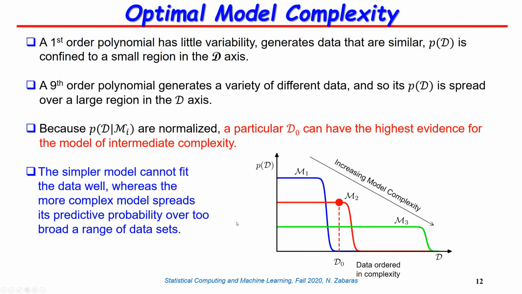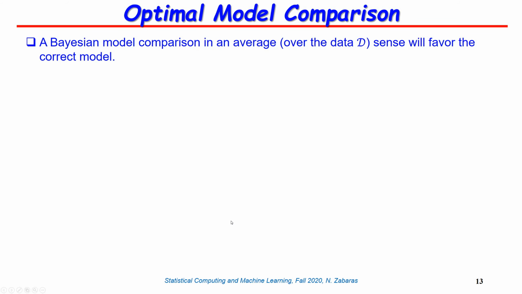We can, if you want, look at this optimal model selection with a different eye. And what I want to show you is that a Bayesian model, on average, will select the correct model.